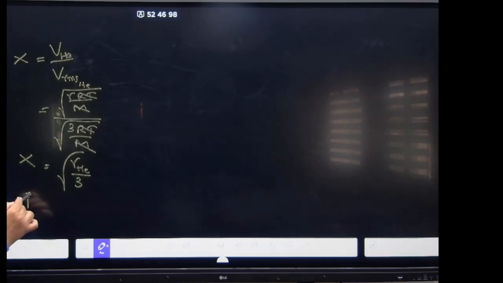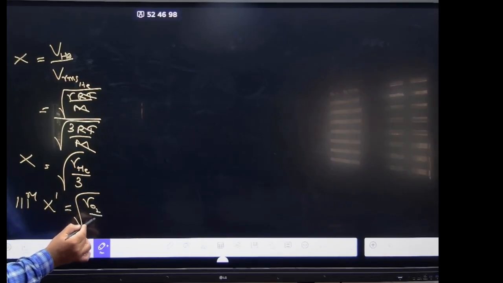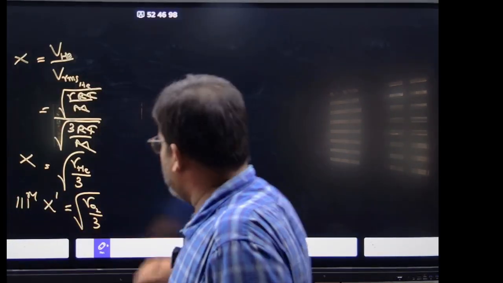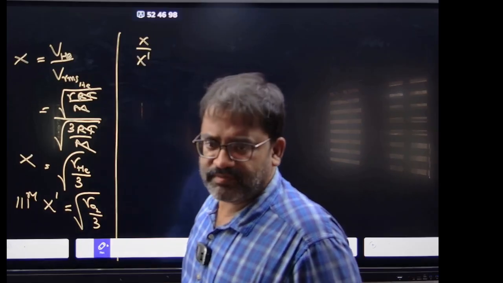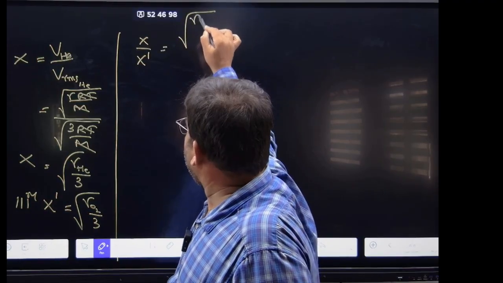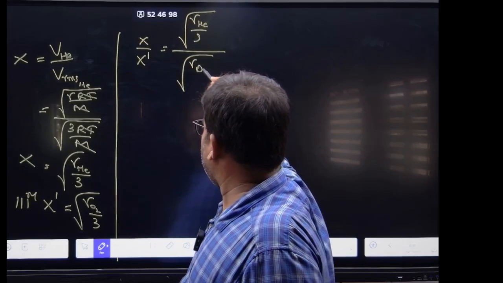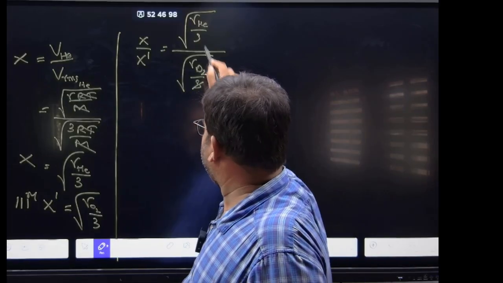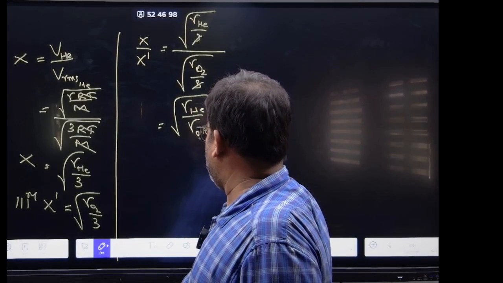Similarly, I can get x prime equal to root of gamma O2 divided by 3 for oxygen. Now, take the ratio of it. x by x prime is equal to root of gamma He divided by 3, whole divided by root of gamma O2 divided by 3. Can you cancel anything off here? 3 can be cancelled off. That means that is equal to root of gamma He divided by gamma O2.